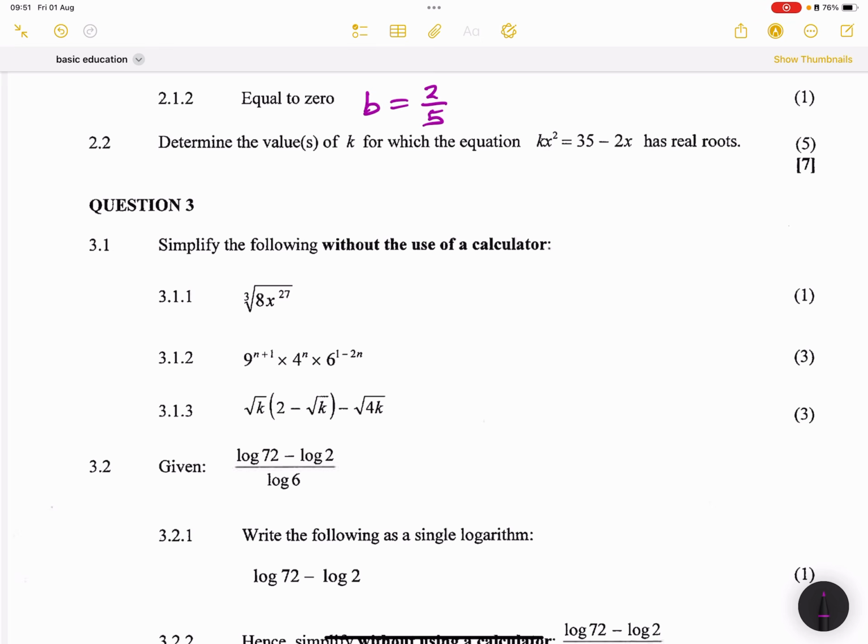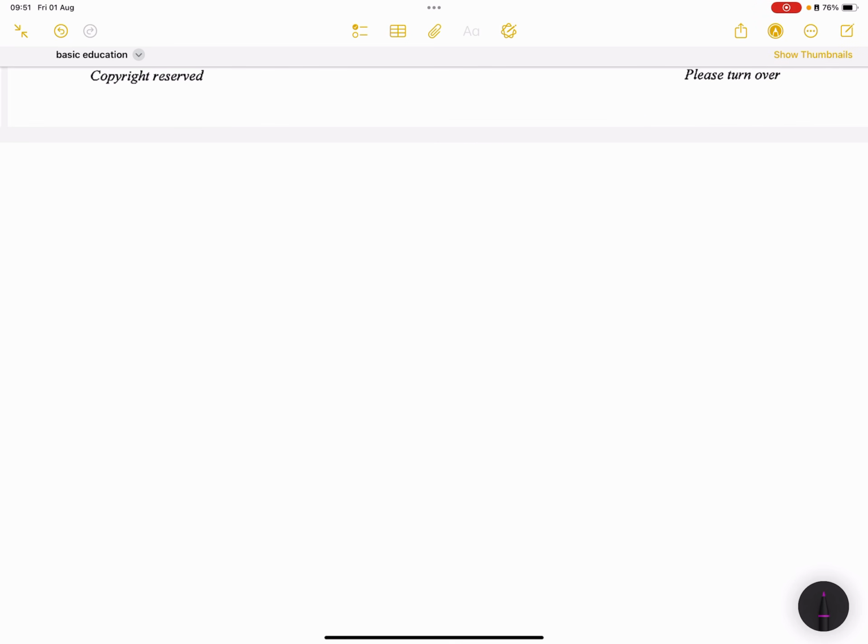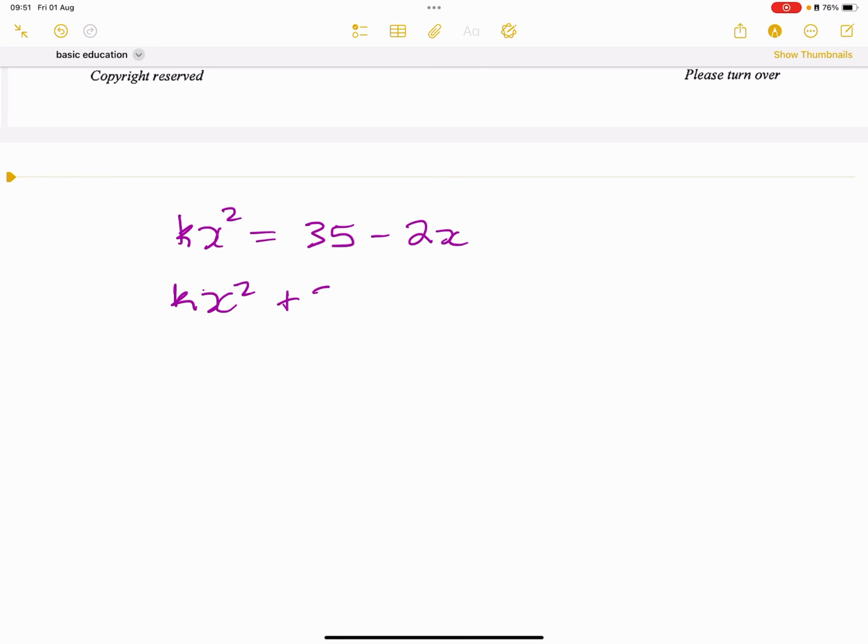So first of all, kx squared is equal to 35 minus 2x. So that would be kx squared plus 2x minus 35 is equal to 0. So we always need to write it in quadratic form first.